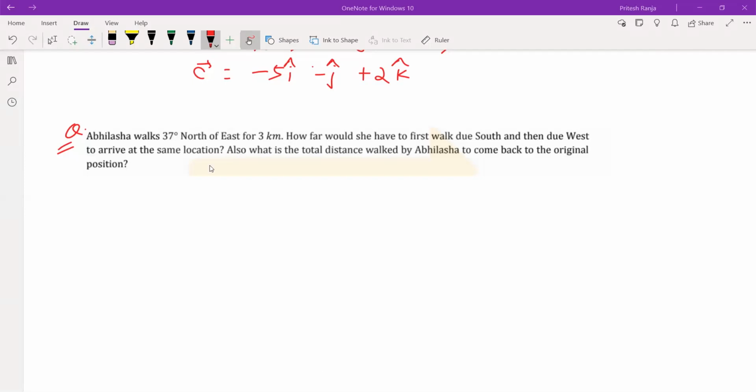So here in this case, Abhilasha walks 37 degree north of east. That means Abhilasha is walking in this direction for 3 kilometers. How far would she have to travel due south and then due west to arrive at the same point?